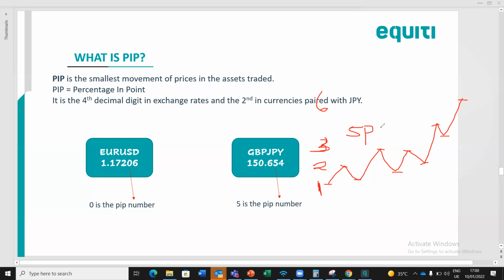Now, a pip is the smallest movement of prices in the assets that you are trading. I'm going to quickly show us that in just a few minutes.